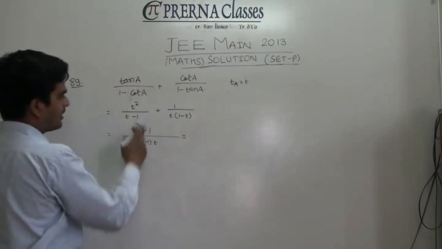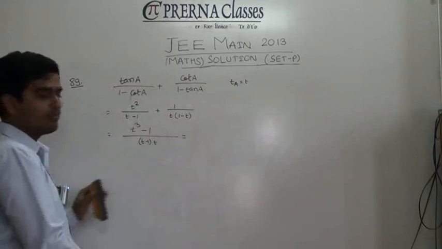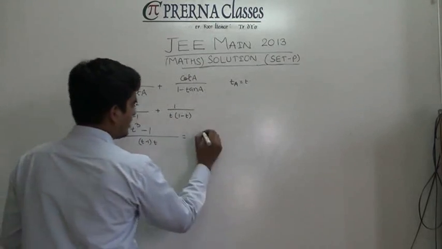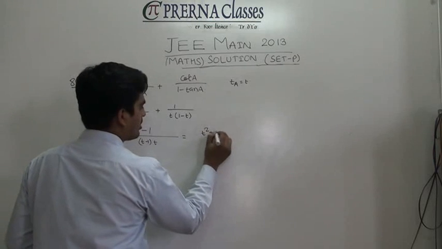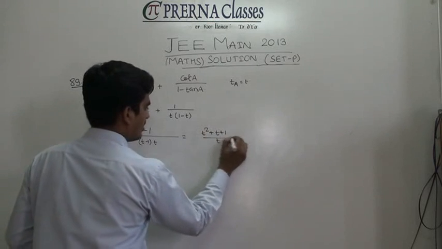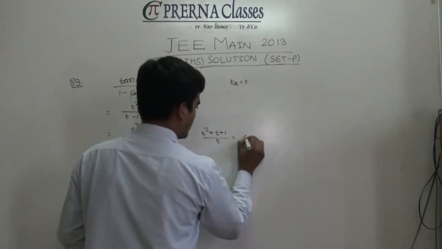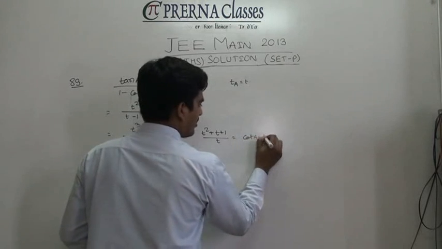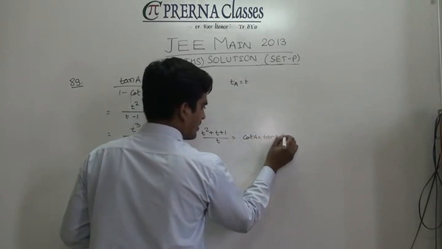So the t minus 1 factor is certainly going to cancel off because tan A can't be 1 in this. If you cancel it off, you are going to be left with t square plus t plus 1 by t, which is nothing else but cot A plus tan A plus 1.